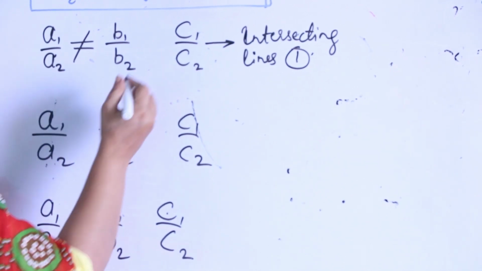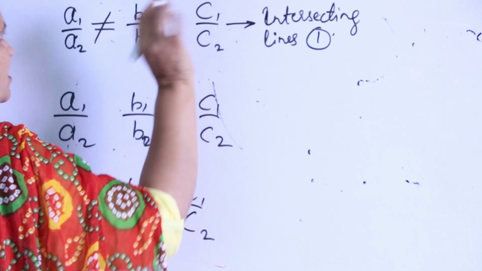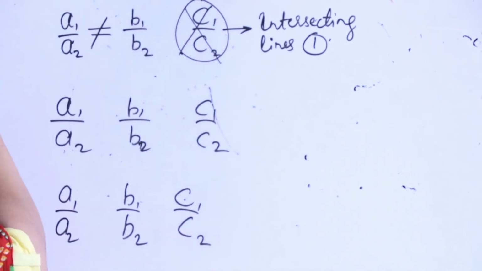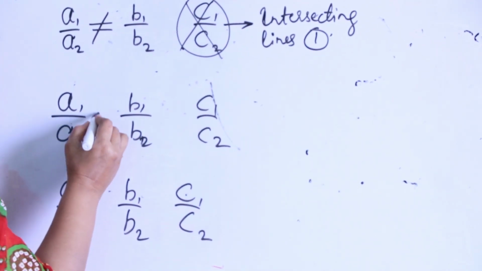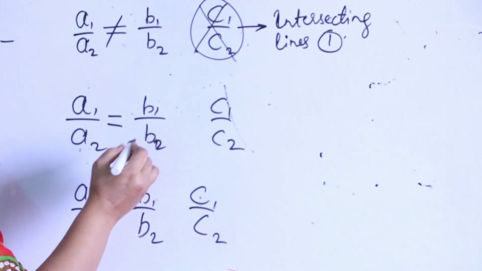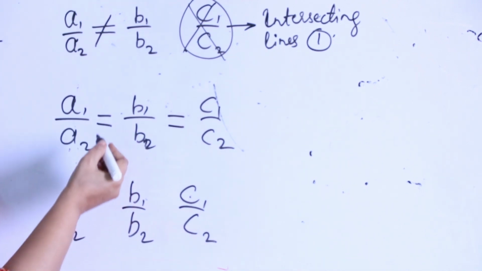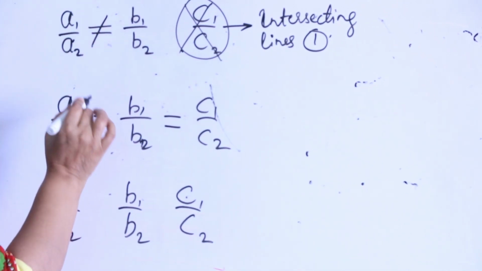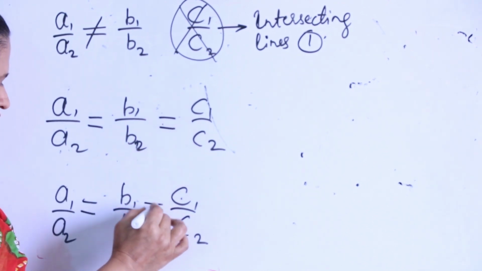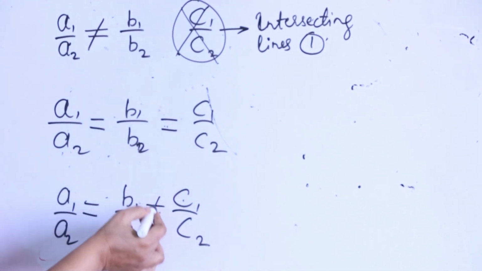Now, I told you, compare. If it's not equal, you don't even have to worry about the third ratio. Okay? Next. A1 by A2 is equal to B1 by B2, and this one is also equal. There could be two situations. Equal, equal, equal, or equal, equal, not equal.